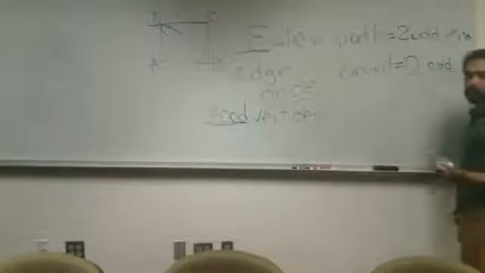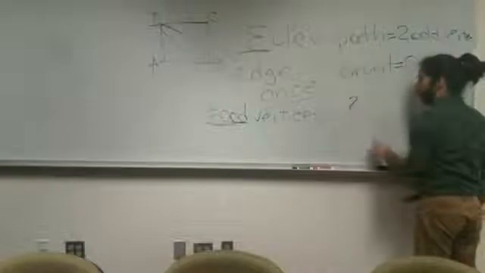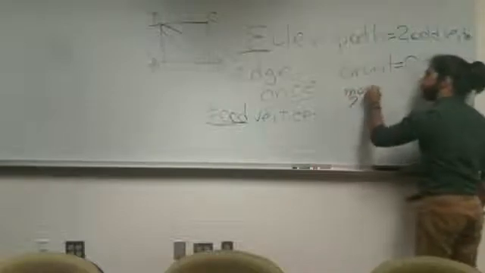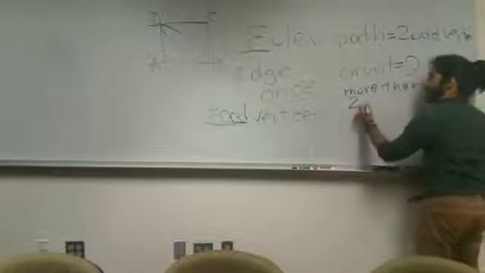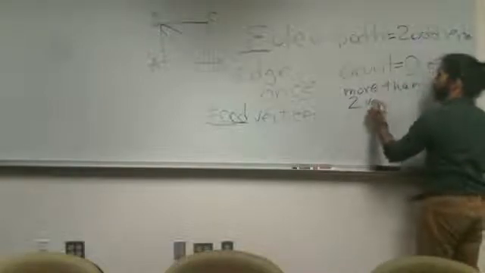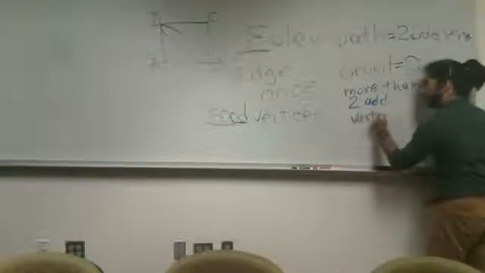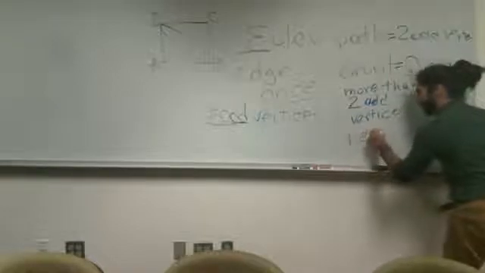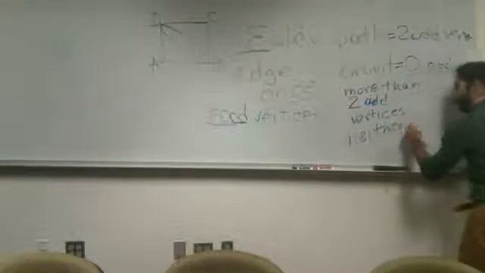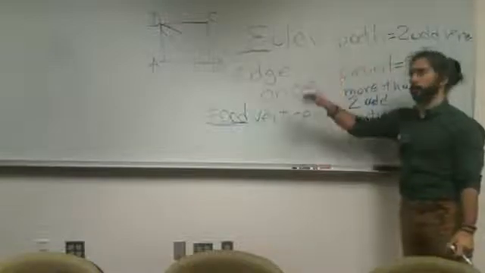If you happen to have more than two odd vertices, you have neither. You cannot make an Euler path or an Euler circuit on that graph.